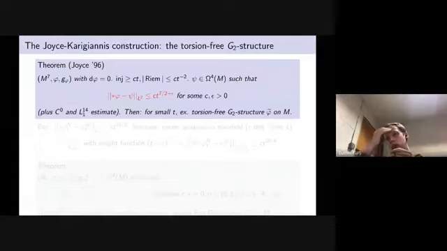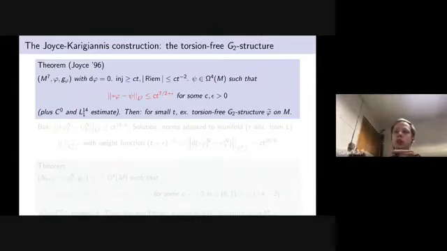One existence theorem that we have for the existence of literally on-the-nose torsion-free G2 structures is Joyce's theorem. And that says on a 7-manifold with G2 structure phi, which is closed, and the G2 structure should satisfy injectivity radius bigger than C times t, Riemann curvature tensor less than or equal to C times t to the minus 2.